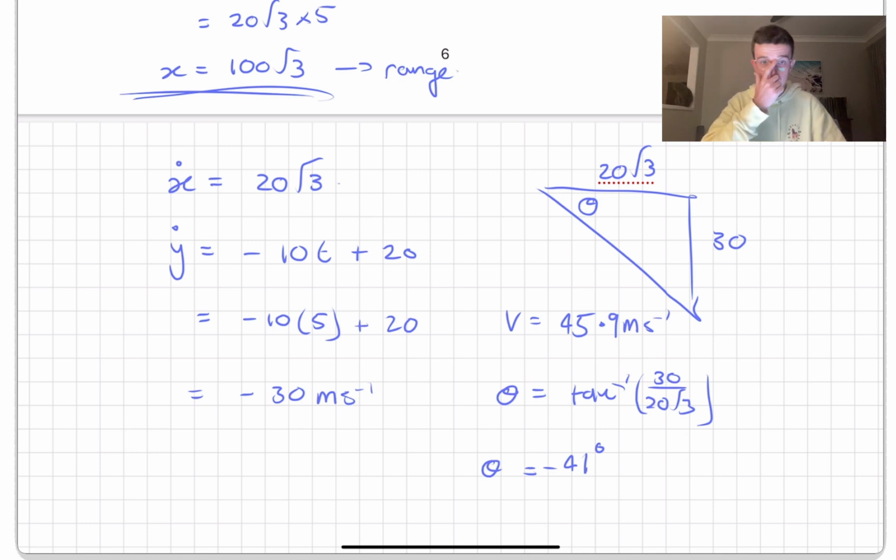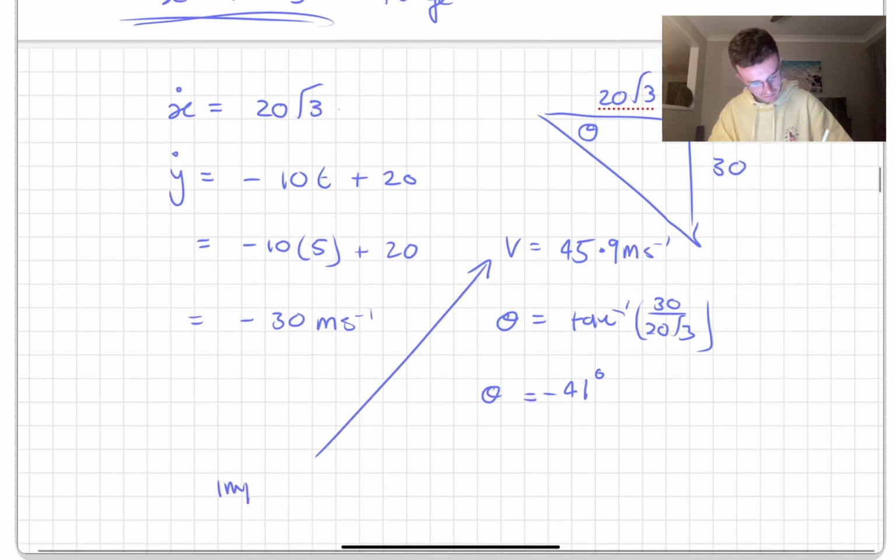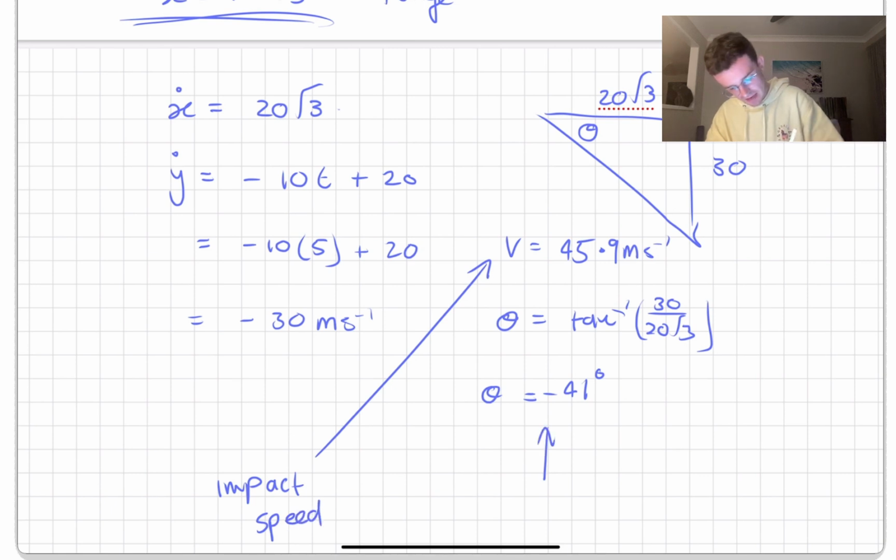But it's going down, so negative 41 degrees. So there I've got my landing speed, or impact speed, and this is my angle.